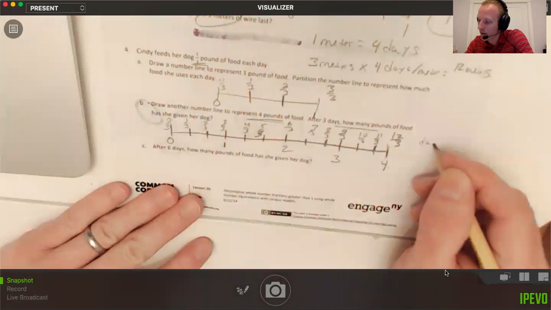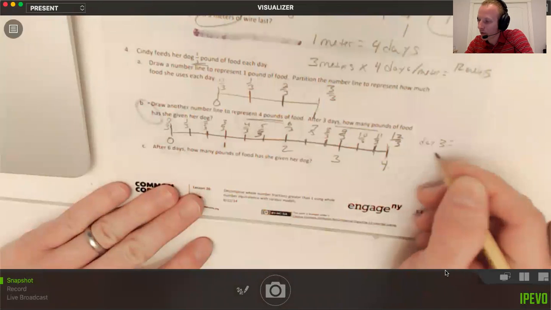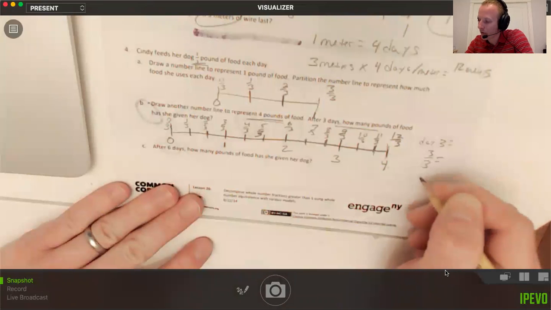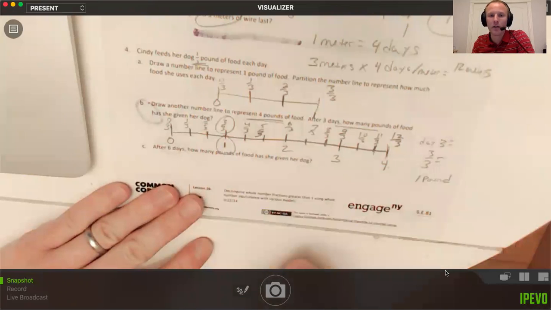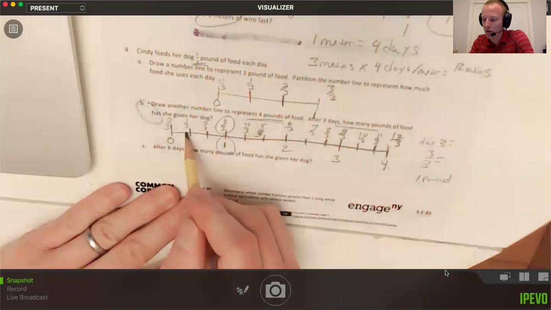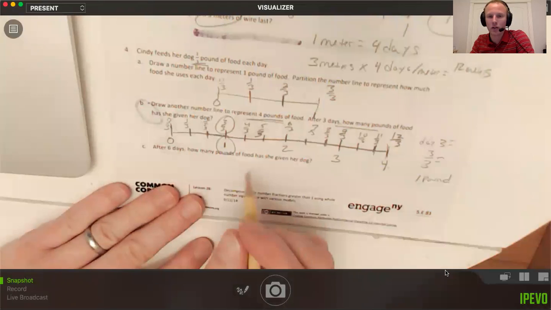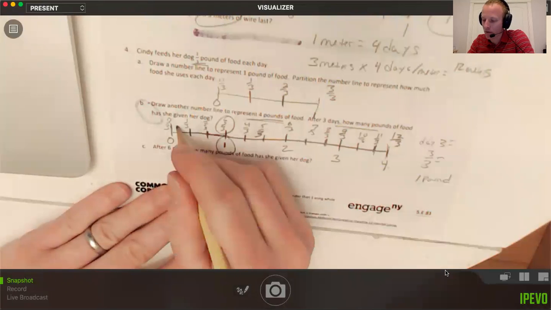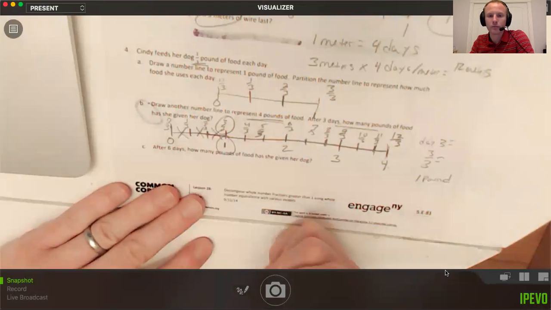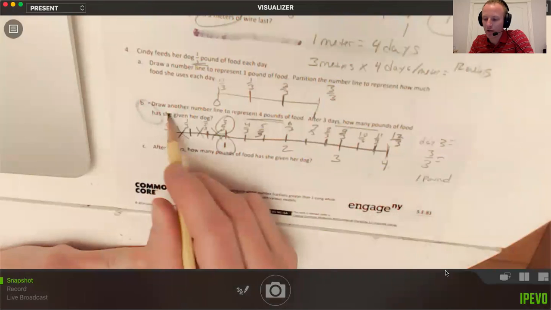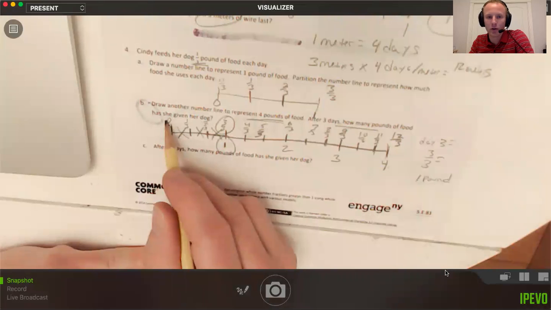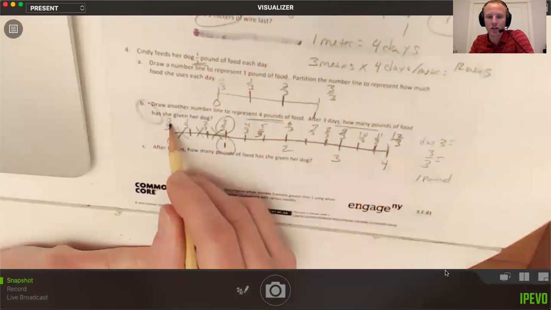Day 3 equals 3/3 equals 1 pound. So she's given 1 pound on the 3rd day. This is day 1, day 2, day 3. And the thing is, you don't count the 0/3. You wouldn't start here and say 1, 2, 3, because she hasn't started that.